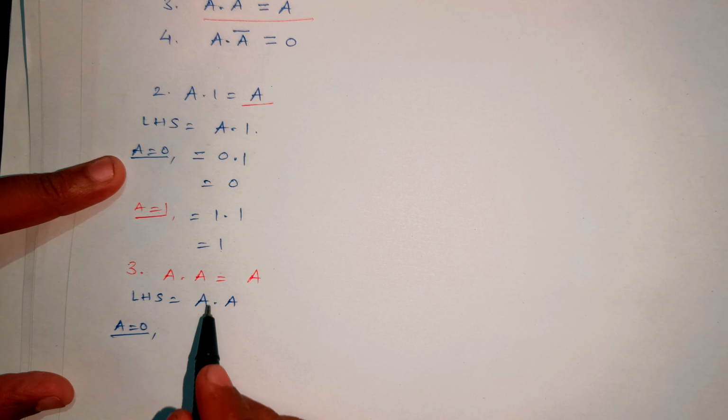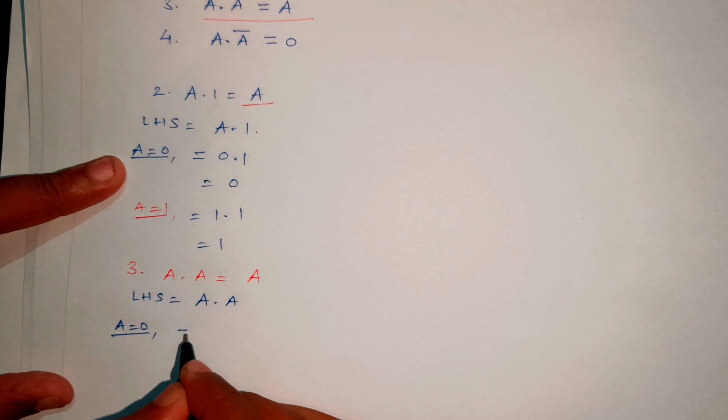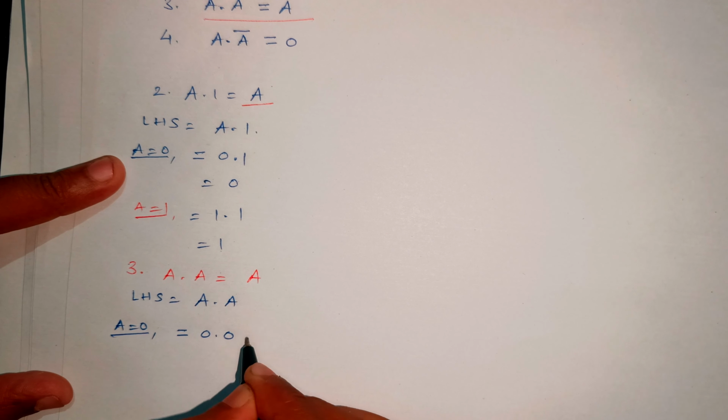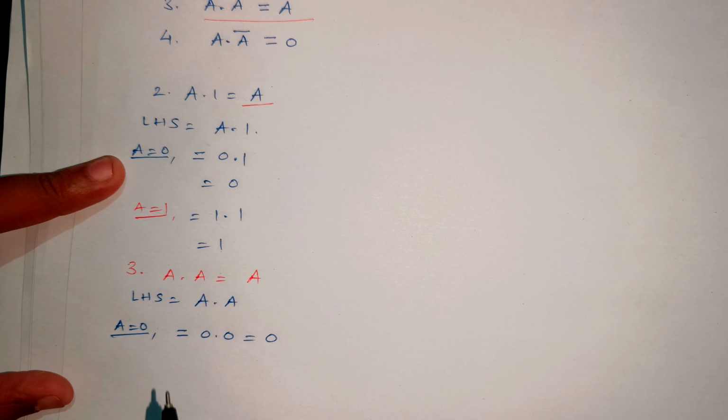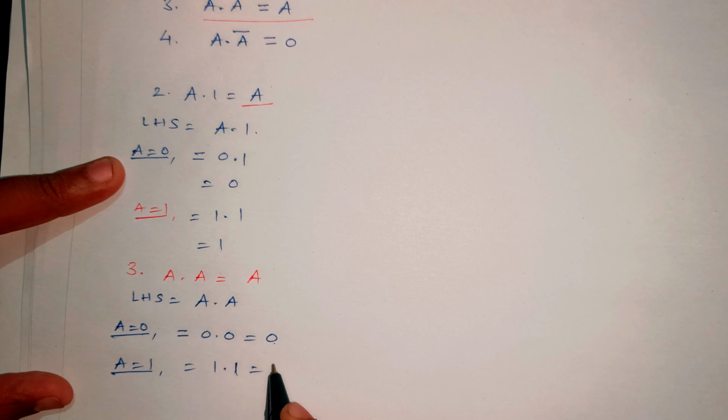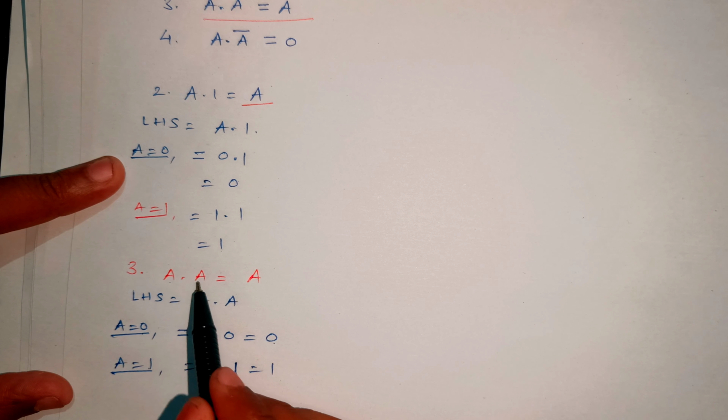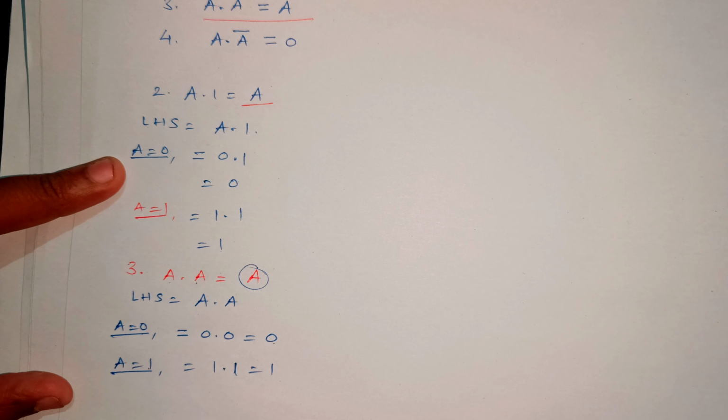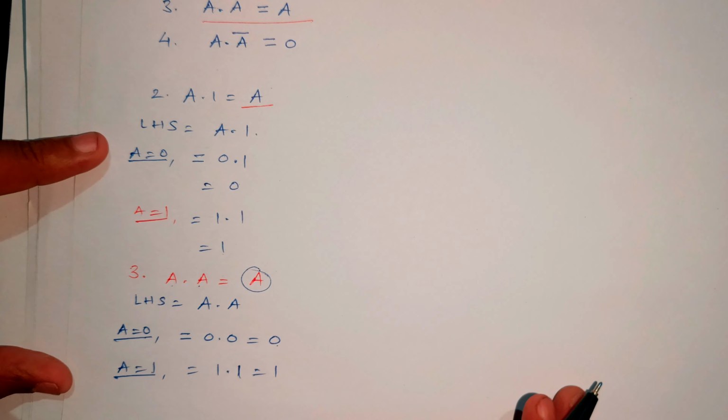When I put a as 0 in this equation, we will get 0 into 0 equal to 0. See here, we have considered a as 0, we are getting the result as 0. If I consider a as 1, we will get 1 into 1 as 1. So again we have considered 1, we are getting 1. So a into a will be equal to a. Whatever the value is, it will be the same for a.